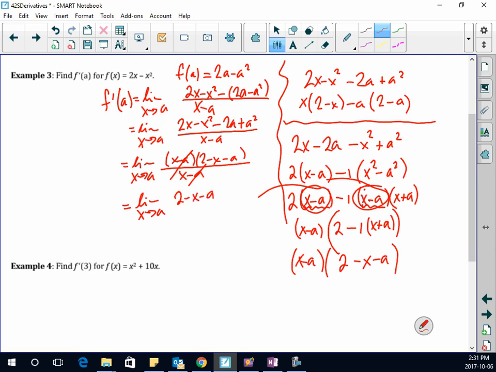Remember, we're replacing x's with a's. So does anybody know what I got? 2 minus a. So what do I get? 2 minus 2a. That's the answer. Yes.